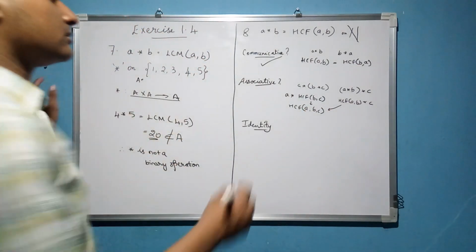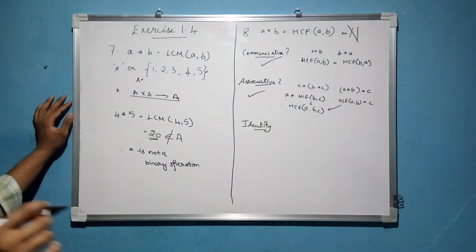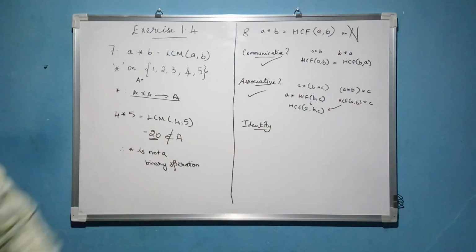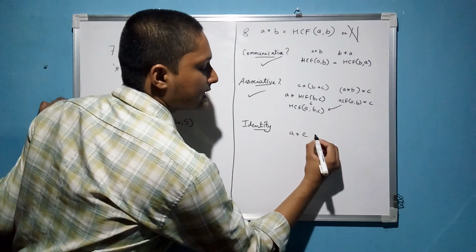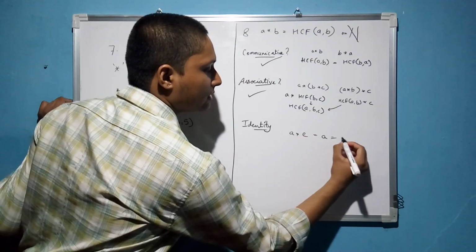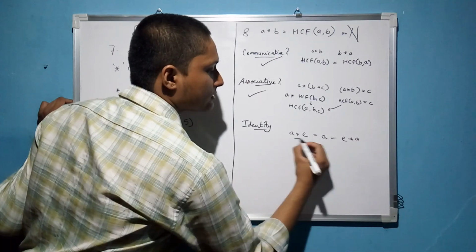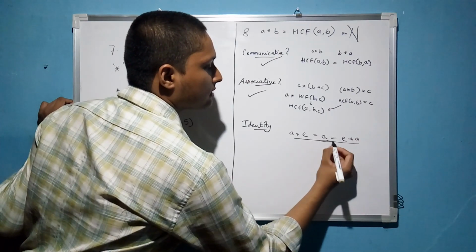Therefore it's equal, so this is associative. Next you have identity. Identity is A star E should be equal to A is equal to E star A. These two conditions should be satisfied.